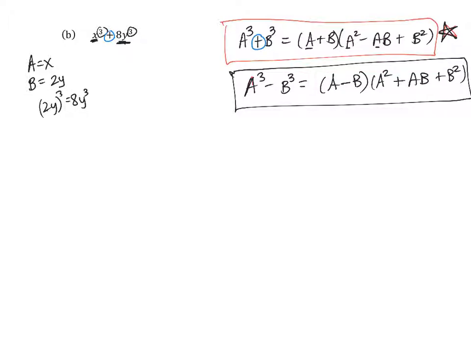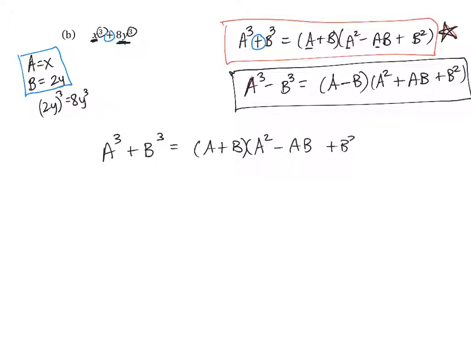Okay, so that's the first thing, is to figure out what our a and our b are, and then I'm going to just simply go through step by step and copy this formula down. A plus b, I'm just rewriting this so I can actually use it, ab, and then plus b squared.